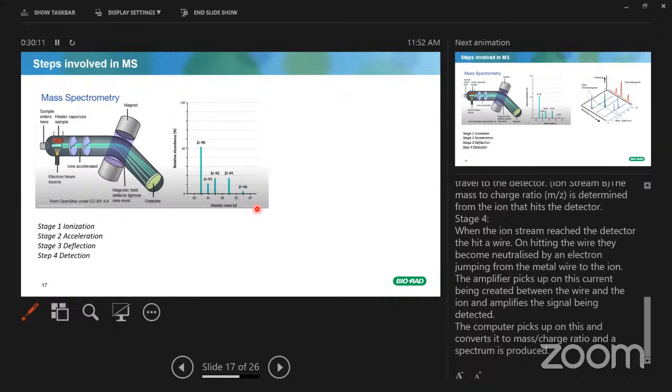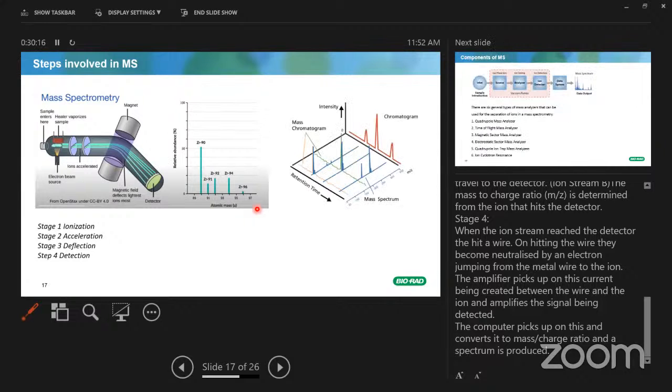If you see, for example, two chromatograms: the red one is the chromatogram of the liquid or gas chromatography, and the other is a mass spectrum. The retention time is from the time the sample gets injected, and the mass to charge ratio of each peak is recorded.